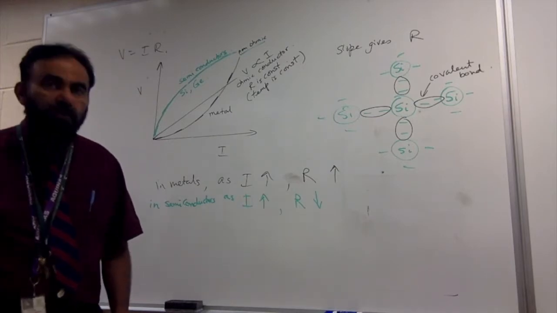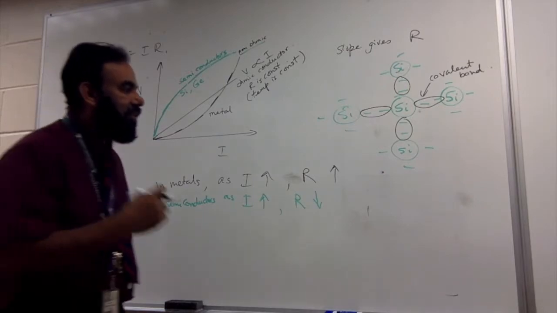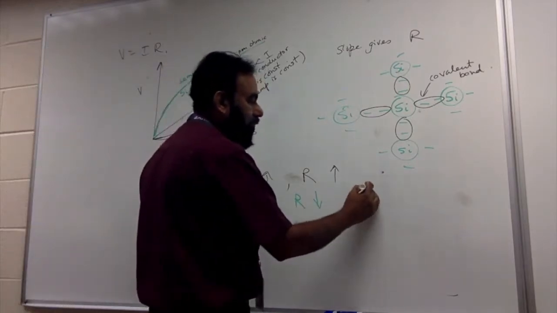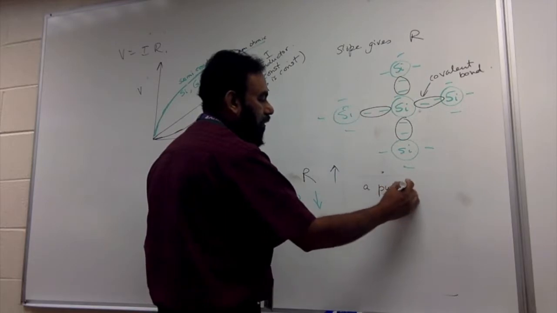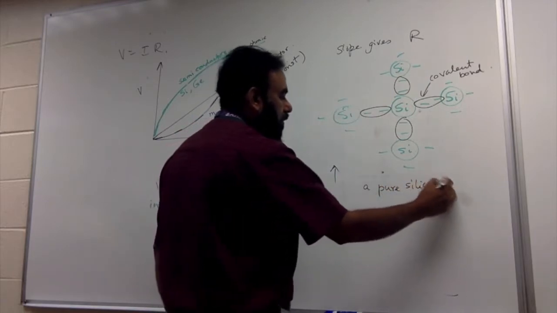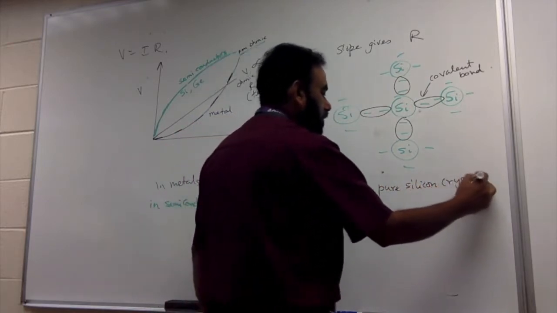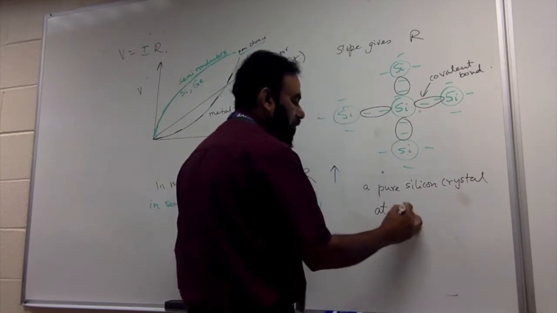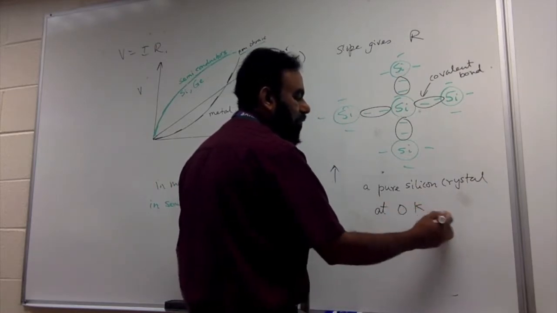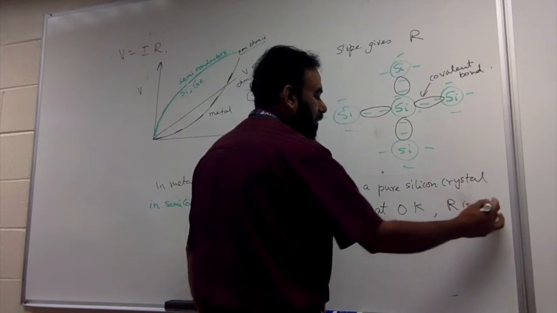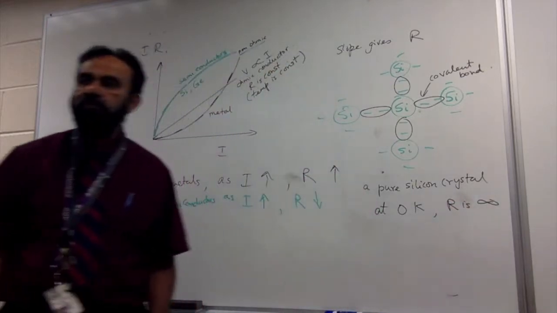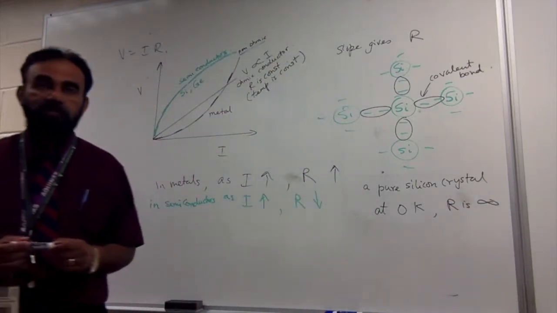So in a pure silicon crystal at 0 Kelvin, R is infinite. That means it's an insulator.